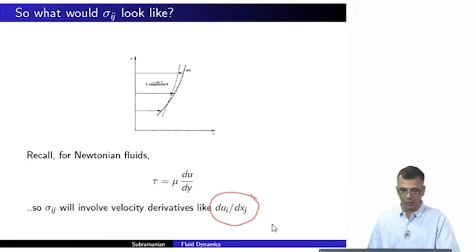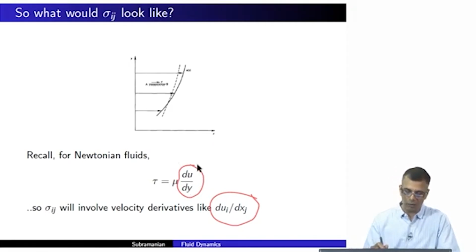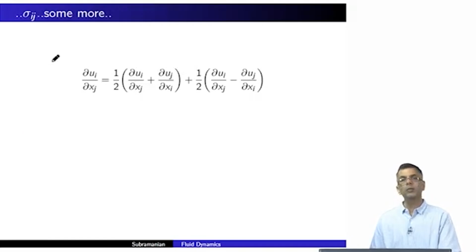The sigma ij will involve velocity derivatives of this kind, cross derivatives. If you have an x here, it would be a y here. If you have a y here, there could be an x here. There would be cross derivatives. So, this is a general way of writing it.